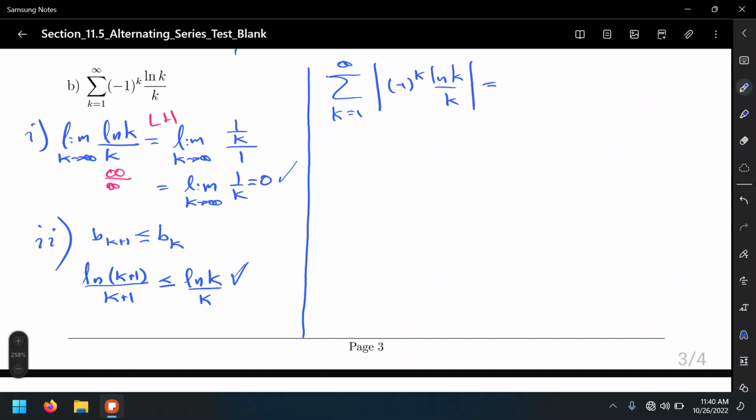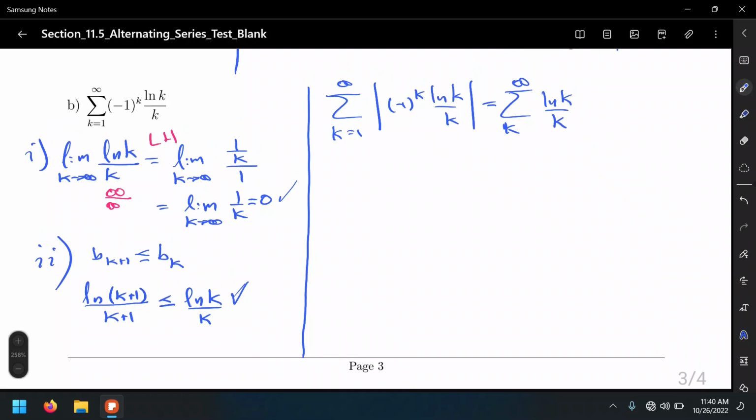Well, and again, taking the absolute value of something that contains alternating factors cancels the alternating factor, and we're left with only the general rule, ln of k over k. So no more alternating factors, no more alternating series. We have to forget about them for a while. So let's focus on this series ln of k over k.